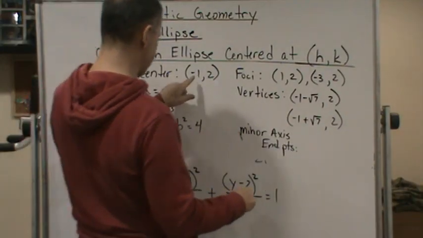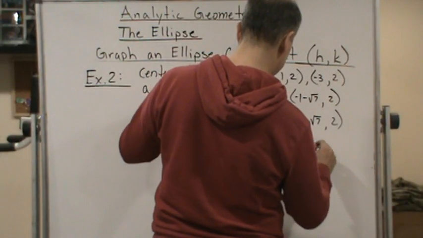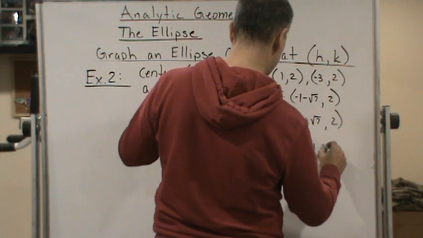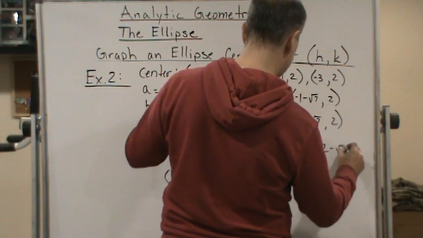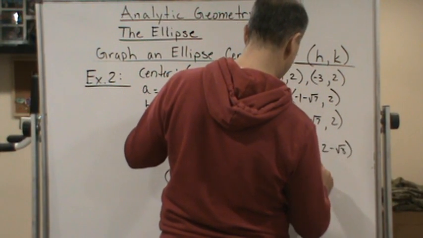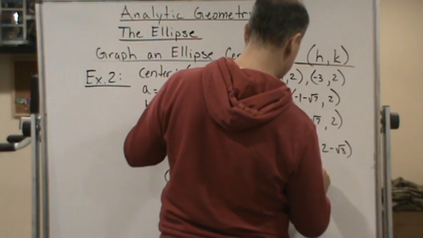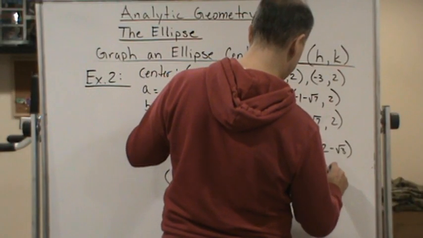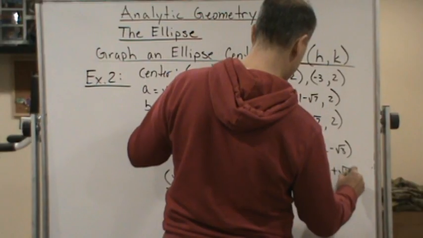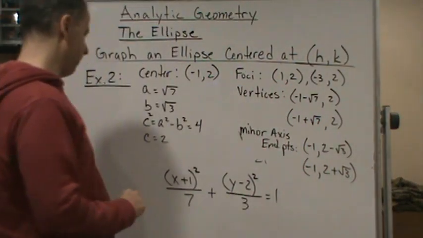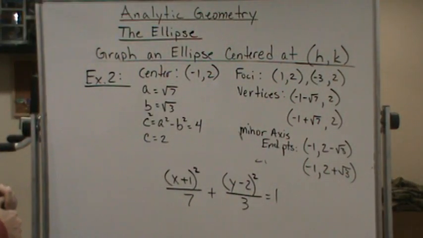Now b is square root of 3. So this is going to be negative 1, comma 2 minus the square root of 3, and then the other endpoint is going to be negative 1, comma 2 plus the square root of 3. All right, that's it. Not bad.